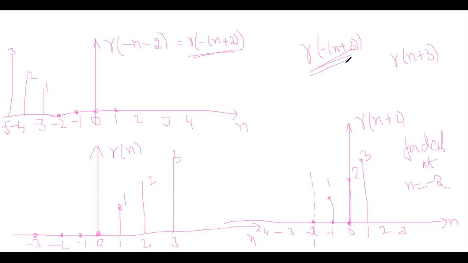R of n plus 1 and R of minus n plus 1, the folding occurs at minus 1. R of n plus 2 and R of minus n plus 2, the folding occurs at minus 2 and so on. Understood, my dear students?